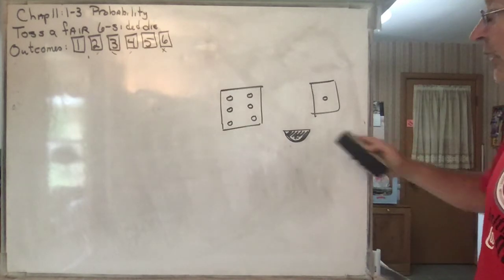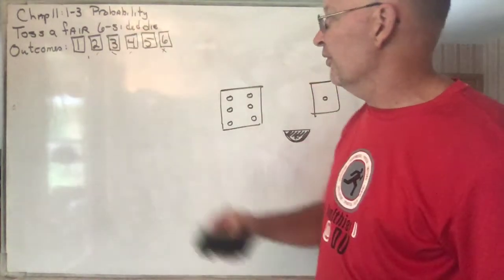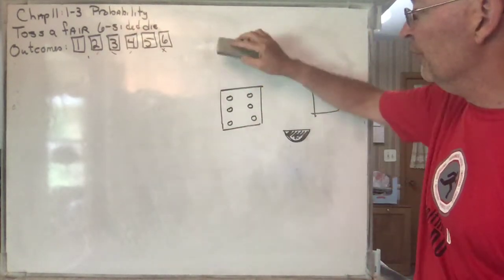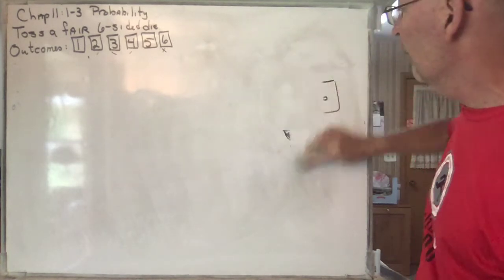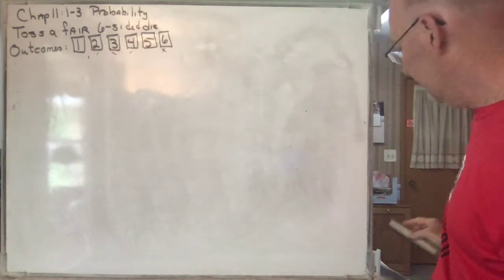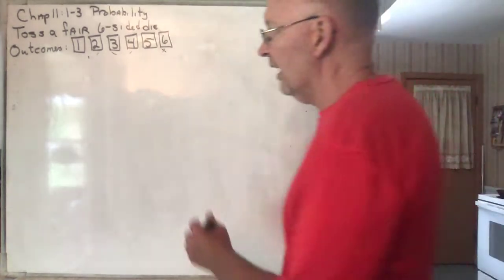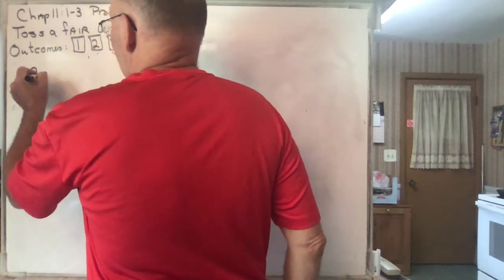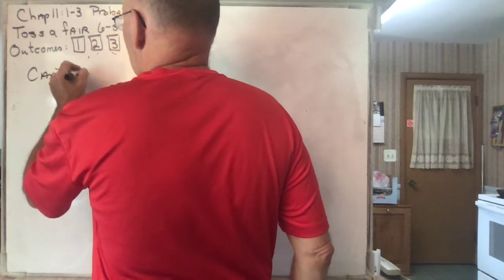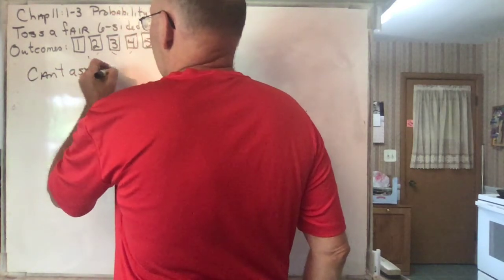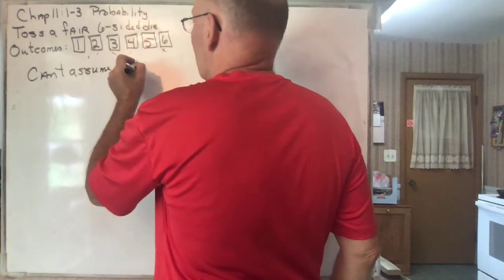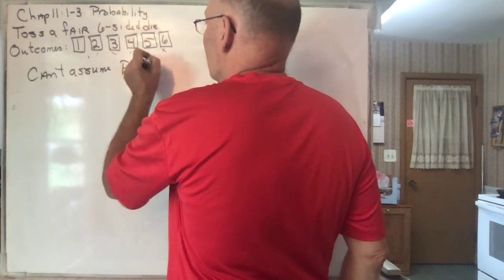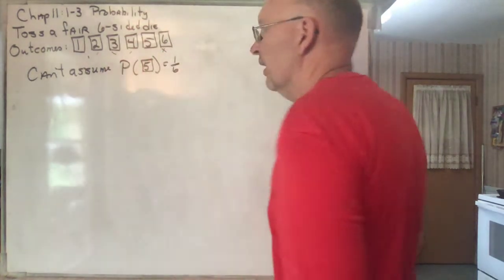But say, go back to our example, say we've got just some cheap ones that we've got at home that don't have those pips filled in, okay? So one side might be a little lighter than the other. So then we can't assume anymore that the probability of whichever one you want to take, let's just take 5 here, is equal to 1/6, okay?